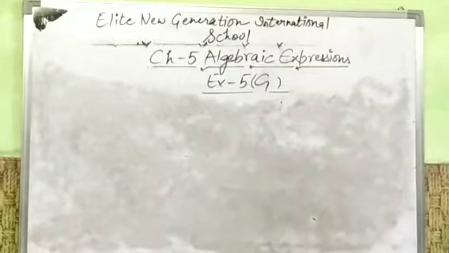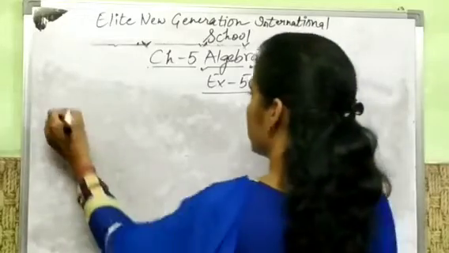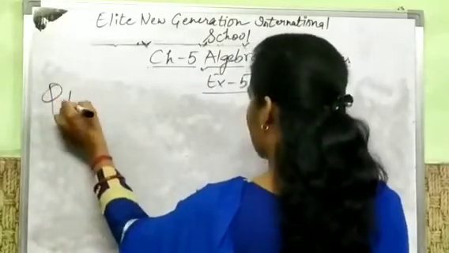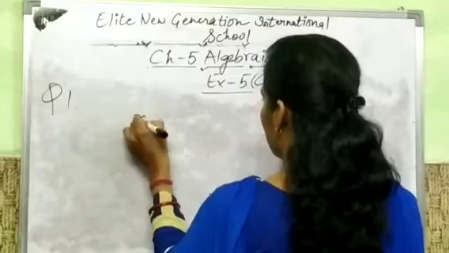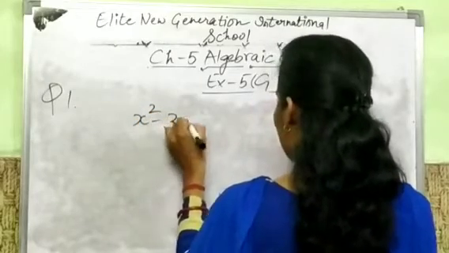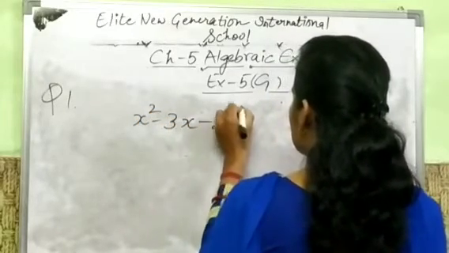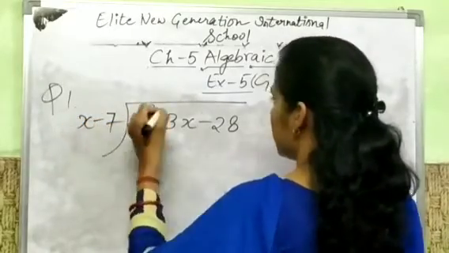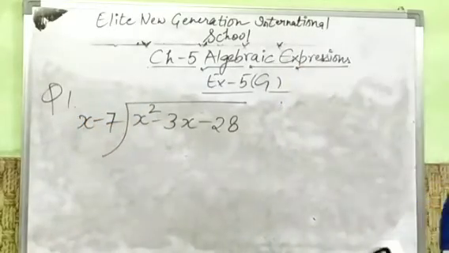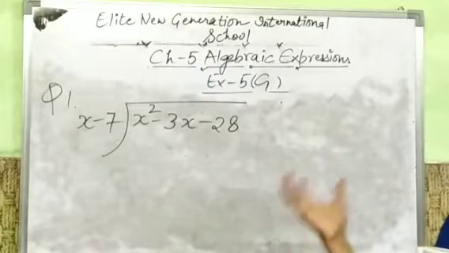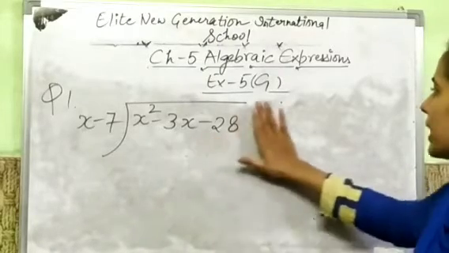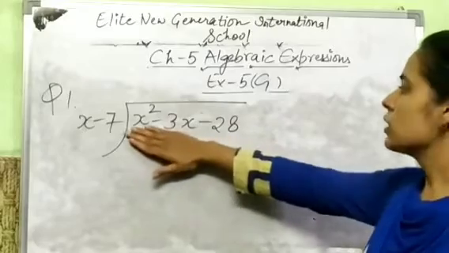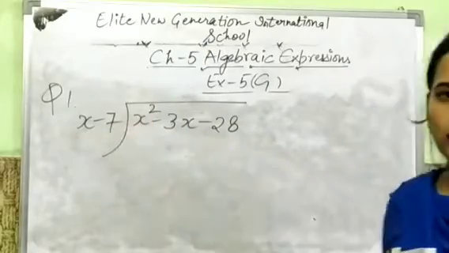Okay, so let's take the first question, part first. We need to divide a polynomial by a polynomial. So first of all, write like this, as in arithmetic we divide a number by a number. Here this is a polynomial and this one is also a polynomial.